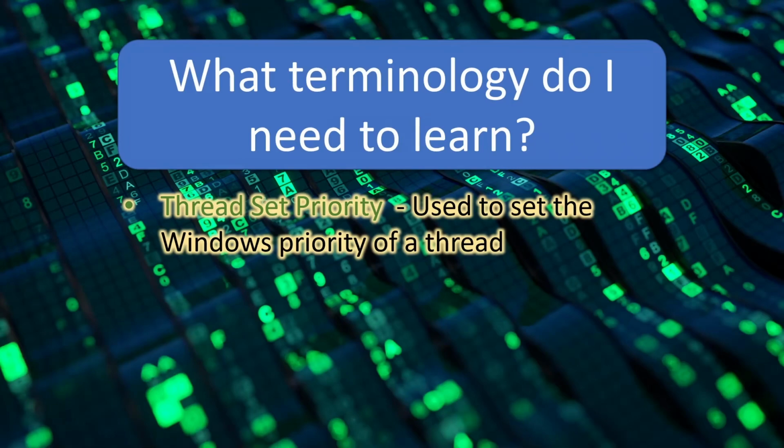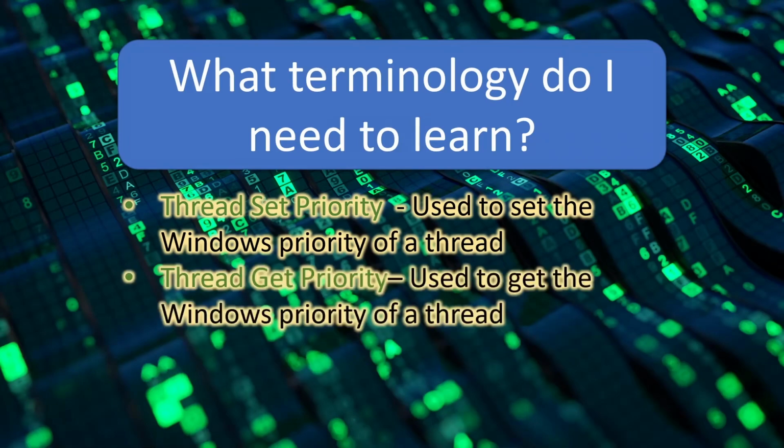Obviously, it's recommended to run your threads at normal priority or below. Running them above that priority does actually take a lot of the CPU resource away from other Windows processes. Thread get priority. This is used to get the priority of your thread. You can use this to determine what priority you've currently set for the thread and then decide whether you wish to raise or lower the priority.